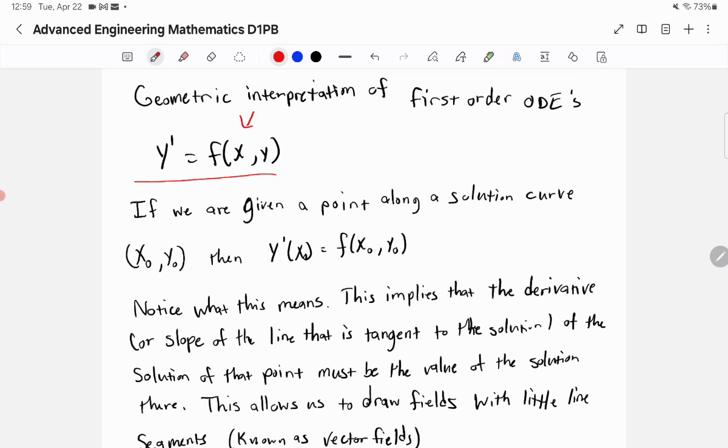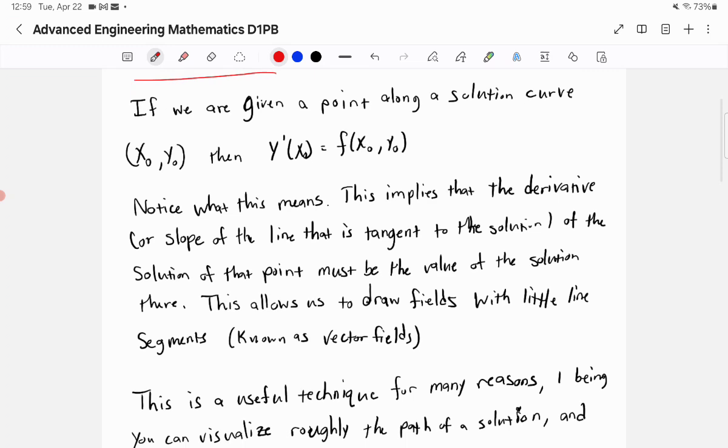It's whatever is on the right-hand side. If we know the value on the right-hand side, then we know exactly what the slope has to be at that point for the tangent line of any solution there. This is a fantastically powerful technique, and I want you to really think about what this means.